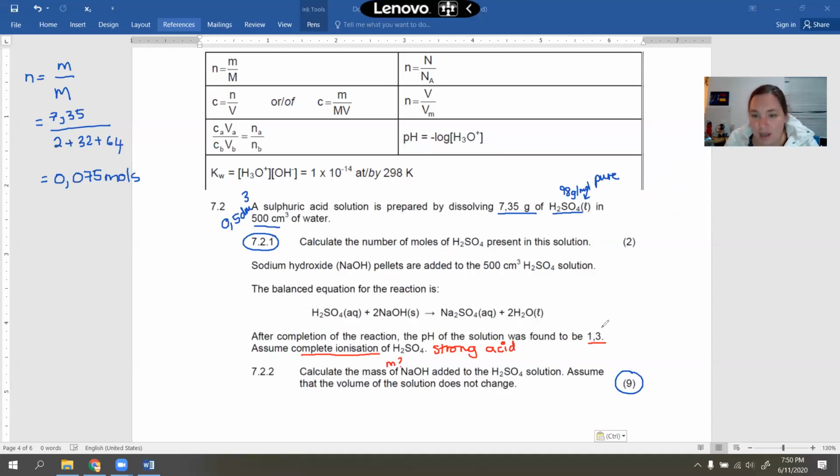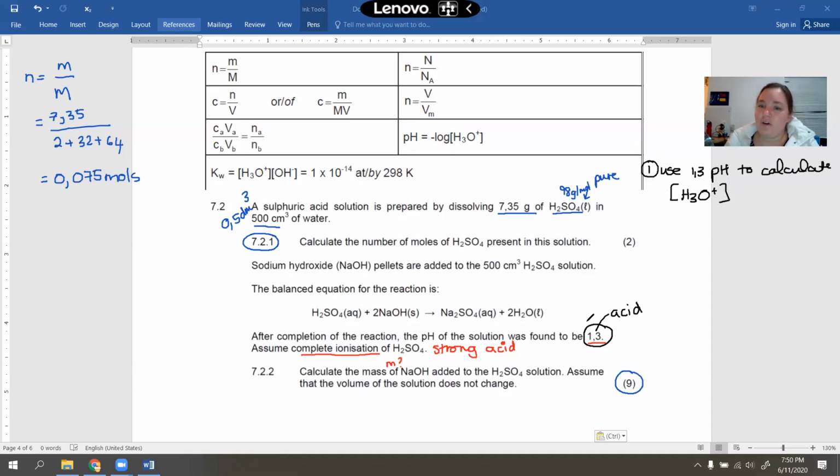So the first thing that I would do is start with the 1.3 pH to calculate the concentration of H3O+. The reason I say specifically H3O+ is that this is in the acidic range.